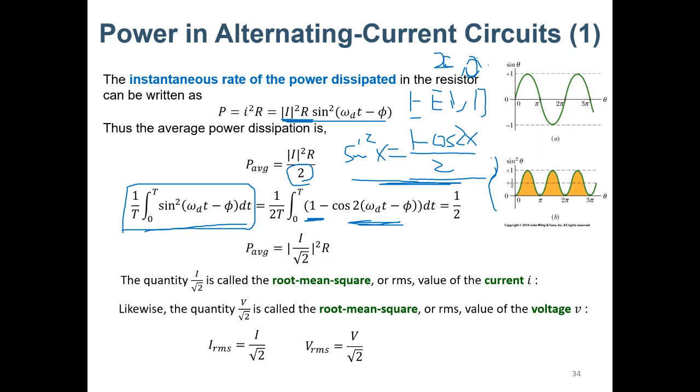So we have 1/2. For the cosine 2x, if you integrate over a period, it will be 0, because half of it is positive and half is negative.